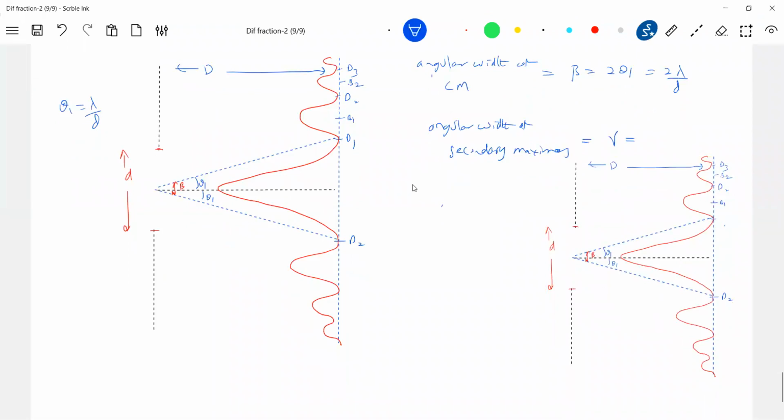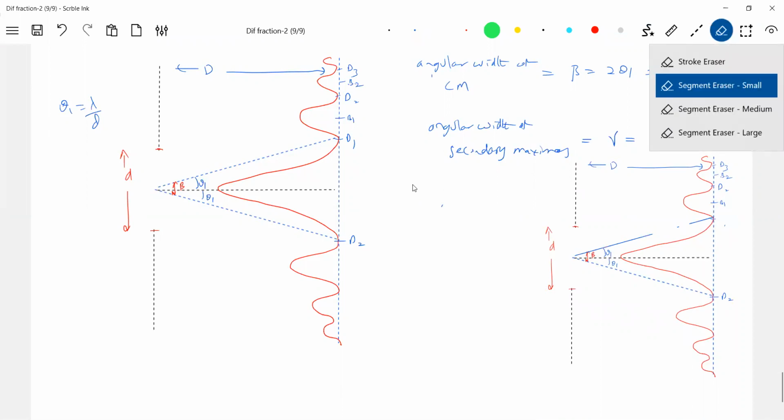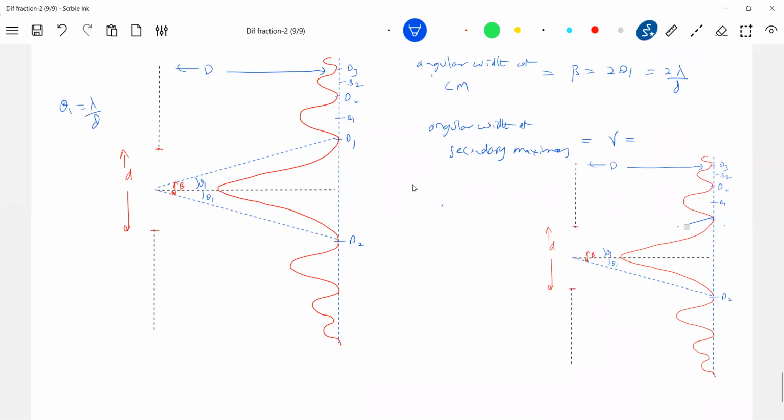I'm not interested now in this D1. Now we are interested in the distance between B1 and B2. Let me take all these things out. Look carefully. So this is B1, no? And this is B2.